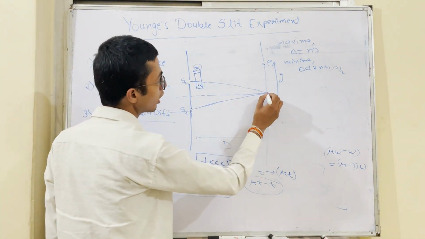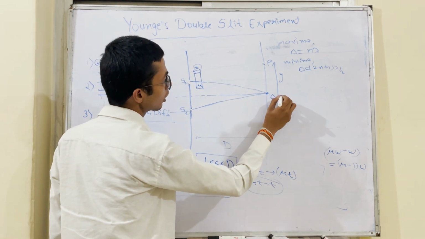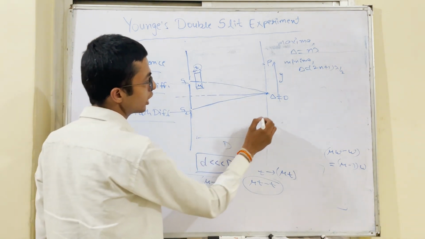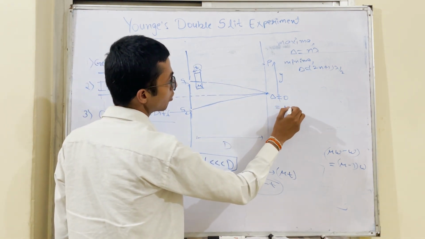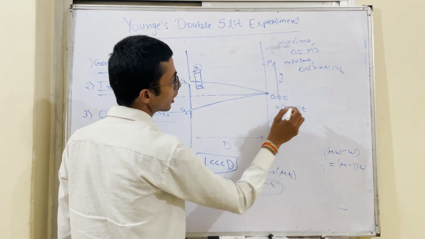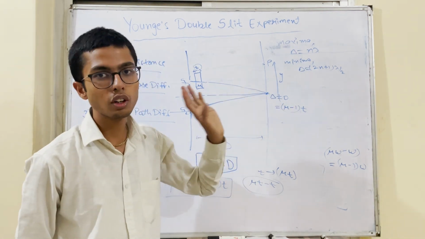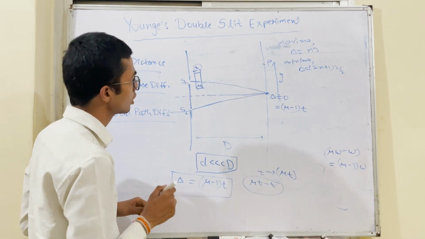So here the delta is not going to be 0. But it is equal to (mu minus 1) t. So if delta is not 0, the central maximum will not be here.